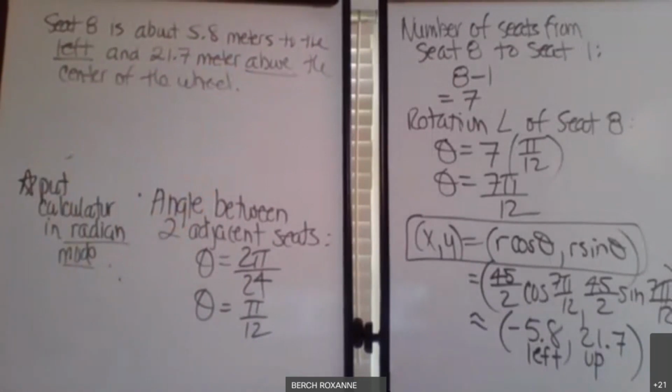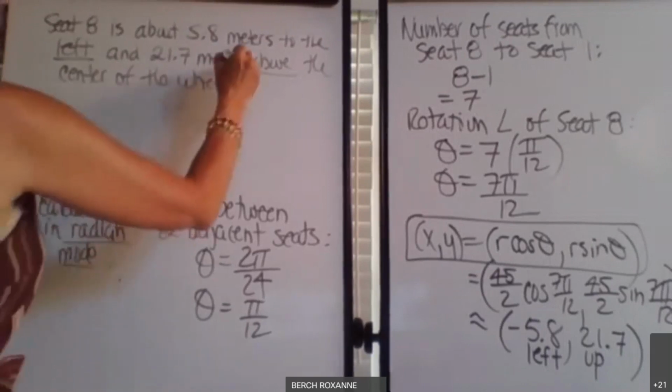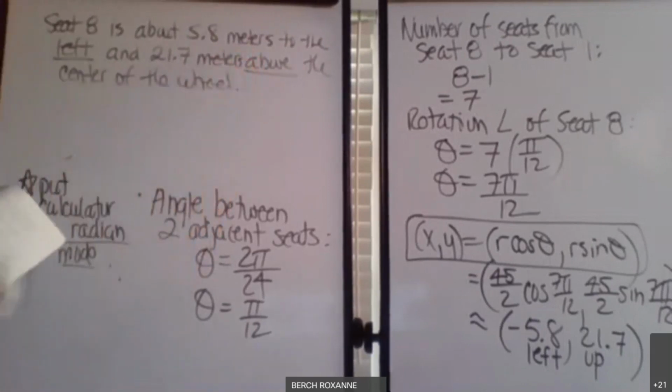So seat 8 is about 5.8 meters to the left and 21.7 meters above the center of the wheel.